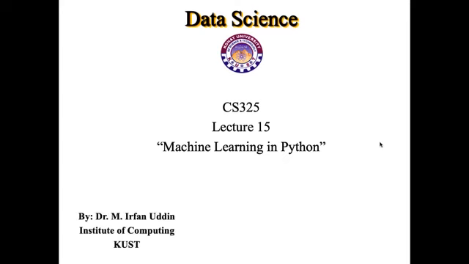In this lecture, we will start a new topic on how to write machine learning algorithms in Python. This is the discussion agenda. We have left only one topic in Matplotlib, and that is how to build 3D figures in Matplotlib.